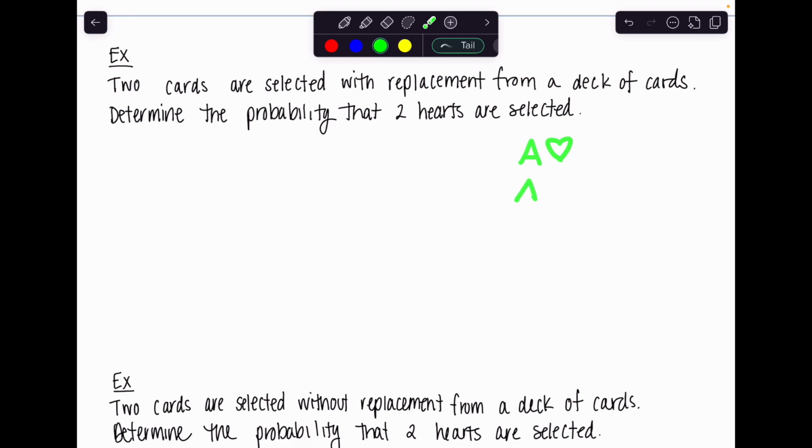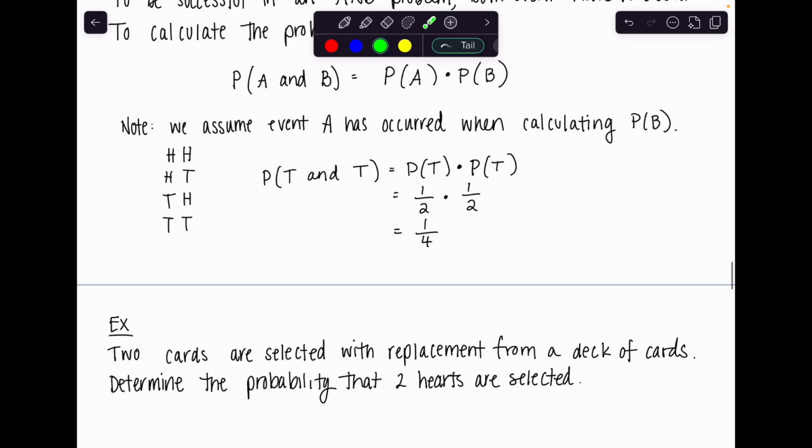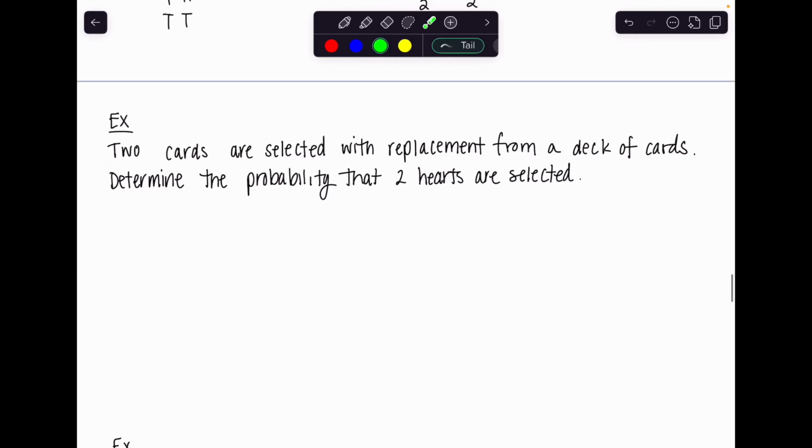And then you move on, you have to pair up the ace of diamonds with all 52 other cards. This would be really difficult, listing out the entire sample space, whereas when it was just heads or tails, there wasn't a ton going on. So this is where multiplying these probabilities is going to be much better.